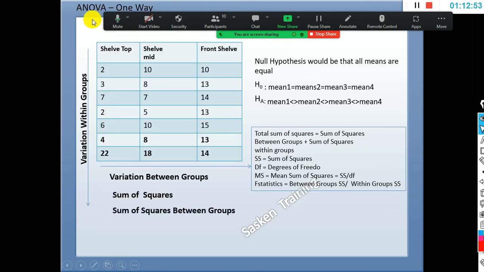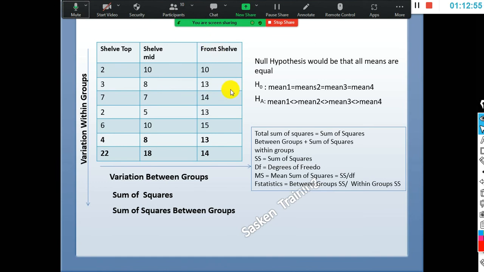Let's take this simple case study to understand the ANOVA test. Let's say in my retail business, as I told you, I have three retail chains: one in Bangalore, another in Chennai, and another in Pune or Hyderabad. Okay, Hyderabad, Chennai, and Pune.